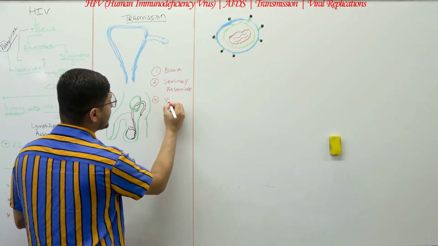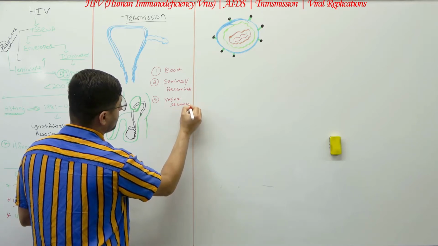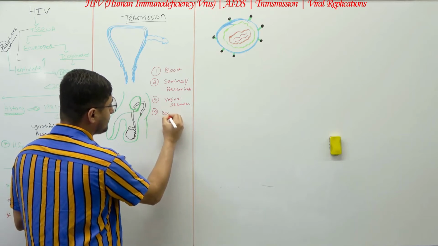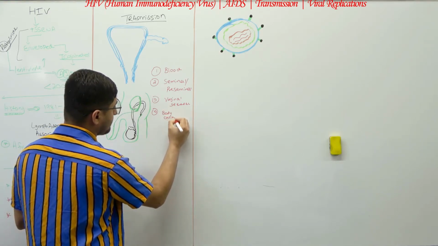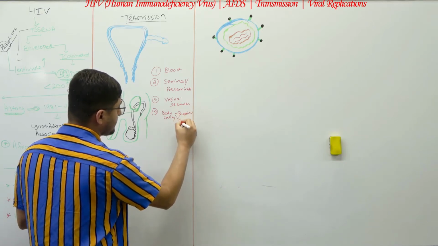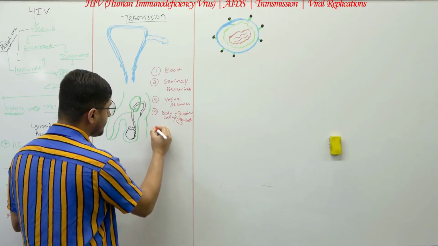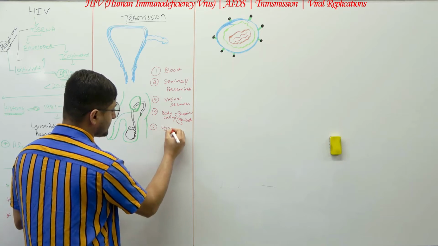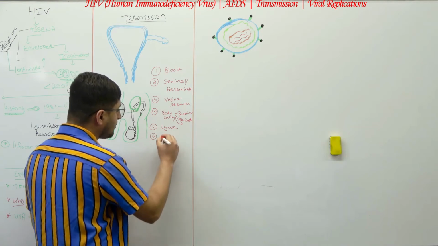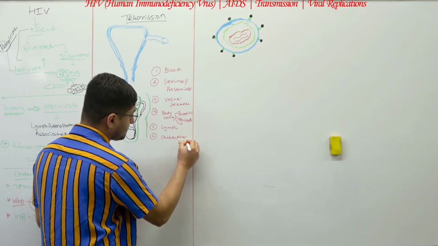Not only this, but also vaginal secretions, or your body cavity fluids, like the peritoneal cavity, the pericardial cavity, or the pleural cavity, all those cavities. Not only this, what about the lymph fluid? Or even cerebrospinal fluid.